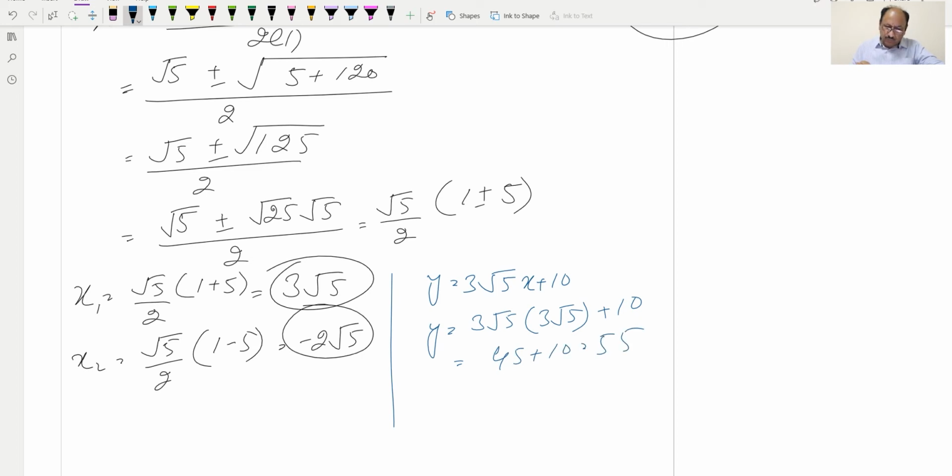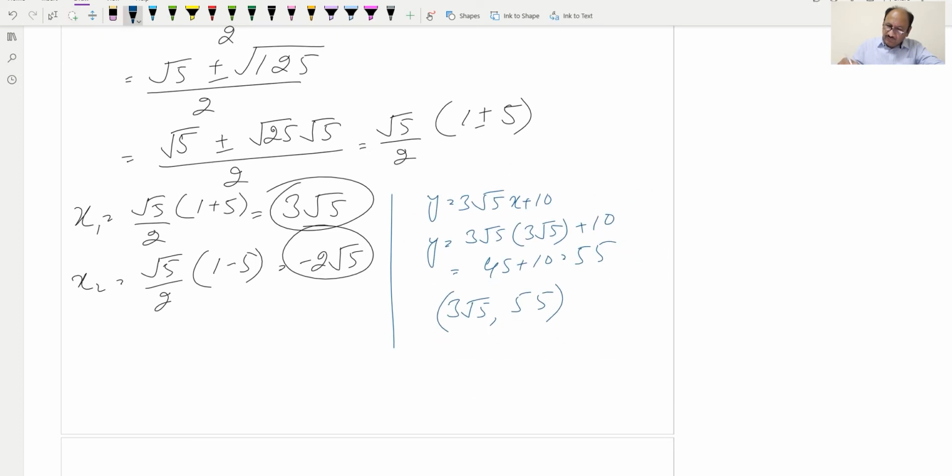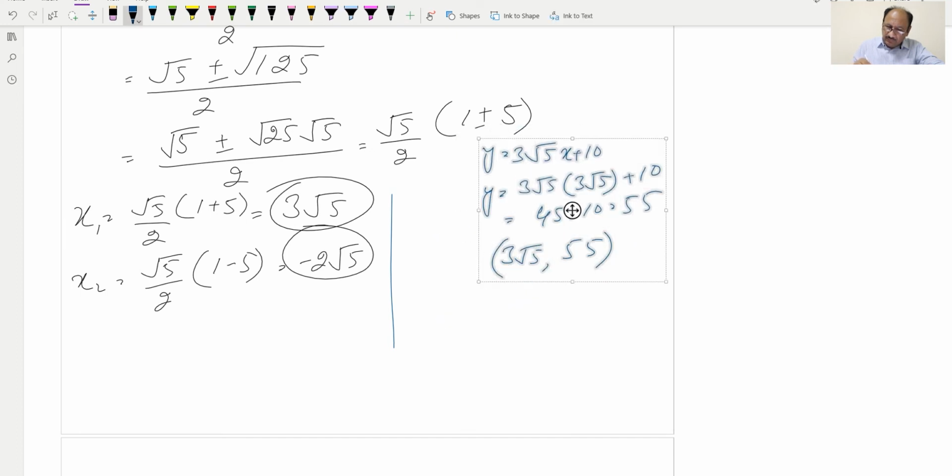So our point will be 3 root 5 and 55. And if we replace the second value, this will be giving us the second point.